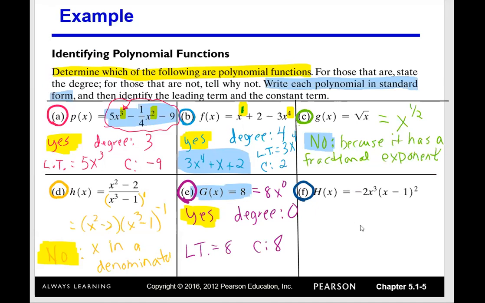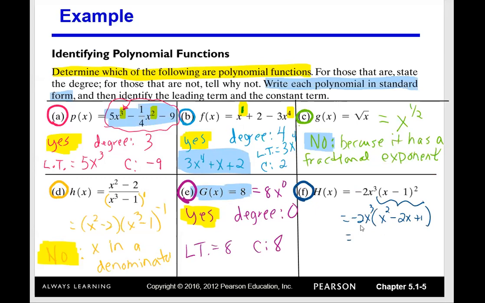Part F. All right, this one's in disguise. It's in factored form. However, if you were to take this x minus 1 and square it out, you'd get x squared minus 2x plus 1. I foiled that out in my head.